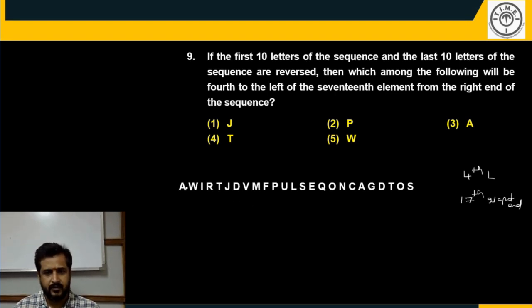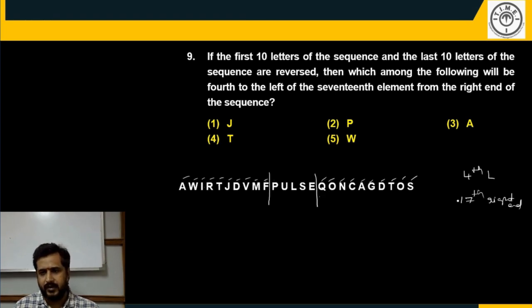Let's count it. 1, 2, 3, 4, 5, 6, 7, 8, 9, 10. First 10 elements. 1, 2, 3, 4, 5, 6, 7, 8, 9, 10. Next 10 elements. So I don't suggest you to reverse it. You can start counting. This is first from the left hand now. This is first from the right hand now.